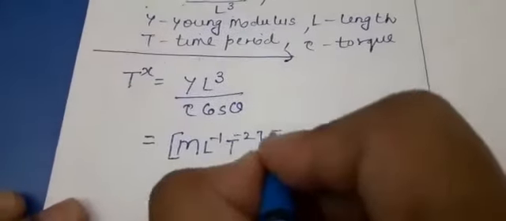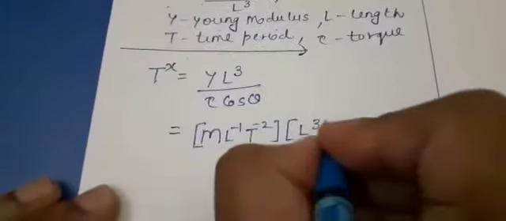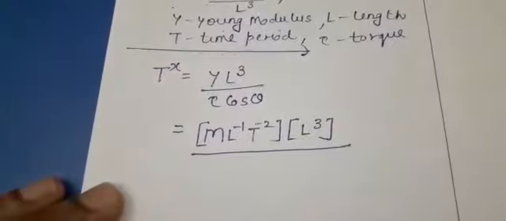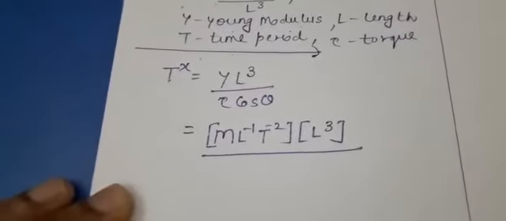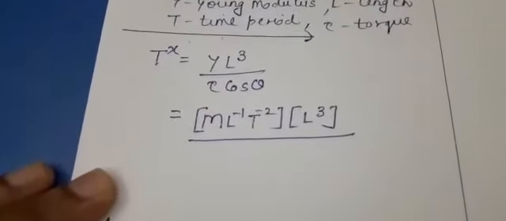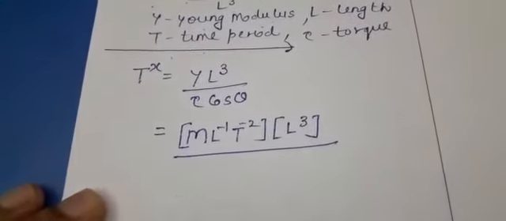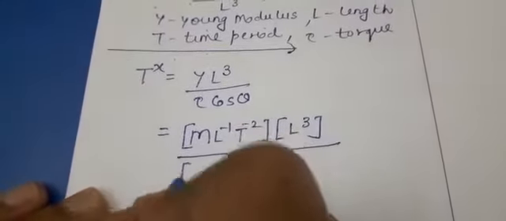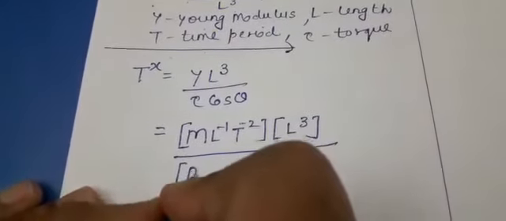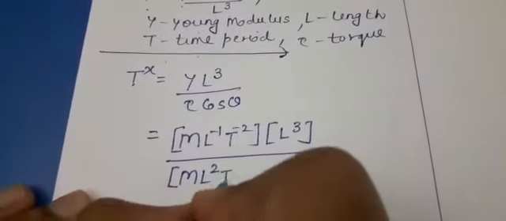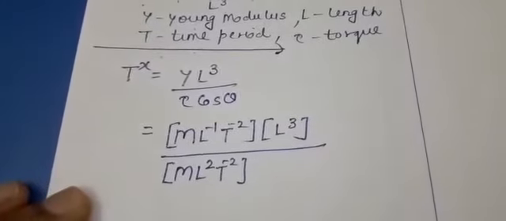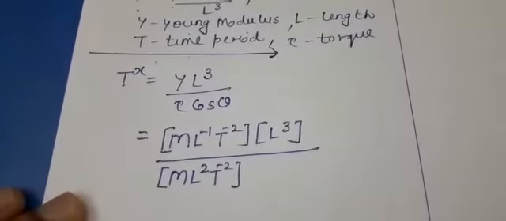L, it is having dimension formula L, so L cube. As such we are taking. Torque is basically having same formula as that of work, and work is force into distance, so it will be M L2 T minus 2. And cos theta is dimensionless.